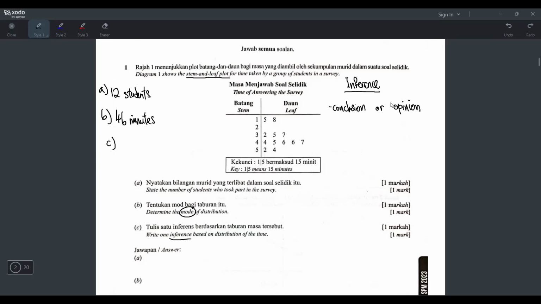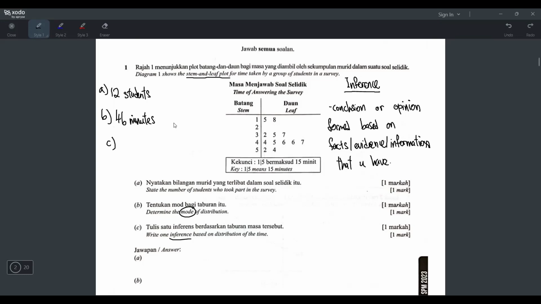Okay, pendapat formed based on facts ataupun evidence ataupun you can say information. Yeah, information that you have. Okay, so this is the maksud ataupun the definition for inference. So what is inference? A conclusion or opinion formed based on facts, evidence, information that you have, right?